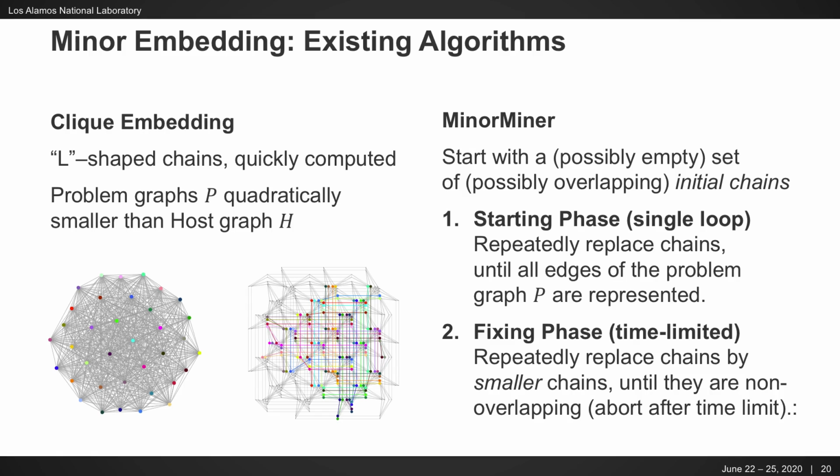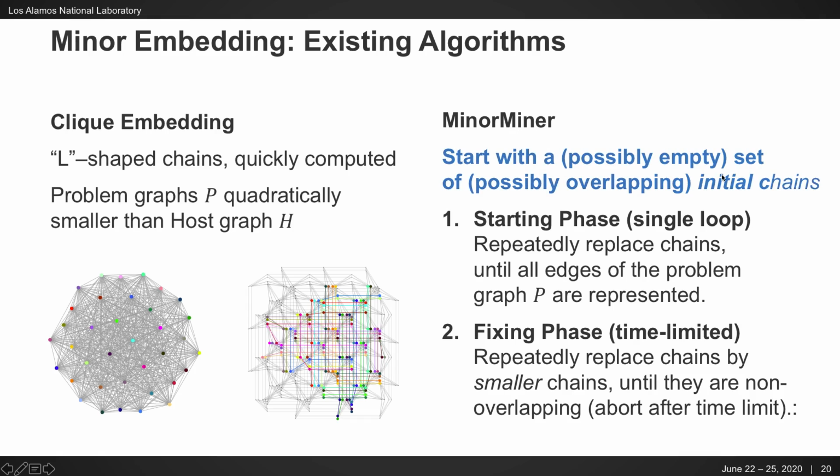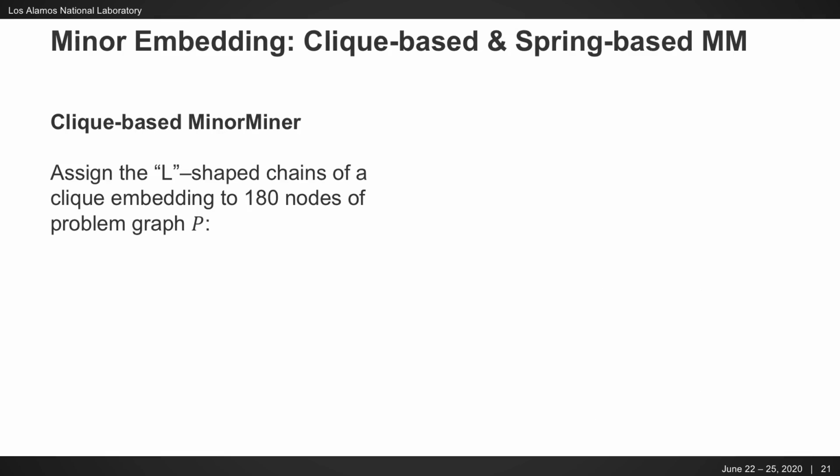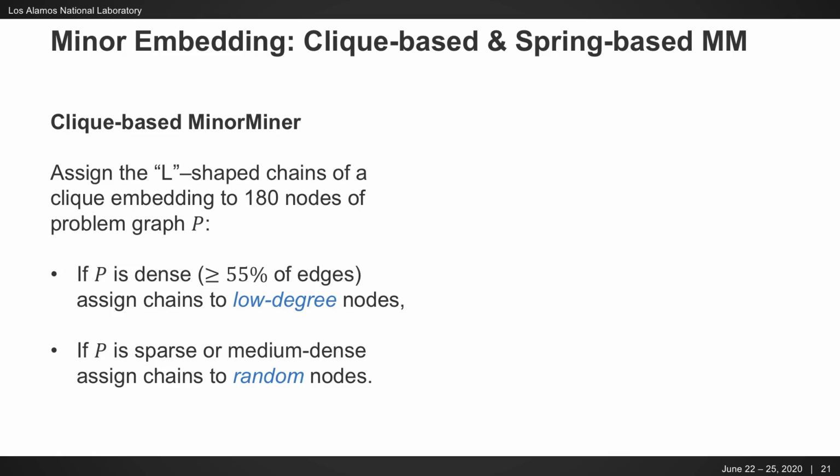So our approach with spring-based and clique-based MinorMiner is to change these initial chains. We try to give good initial chains to improve upon MinorMiner. For clique-based MinorMiner, we assign the L-shaped chains of a clique embedding to 180 nodes of the problem graph P, and the other nodes get empty chains.